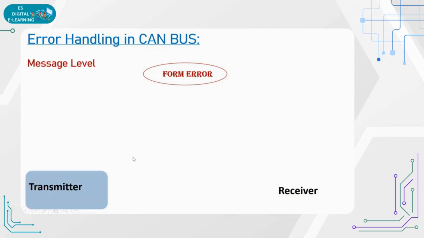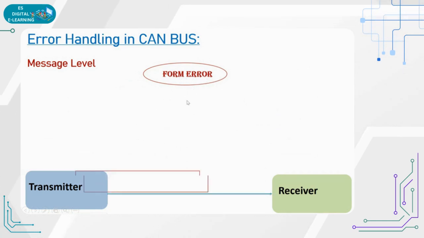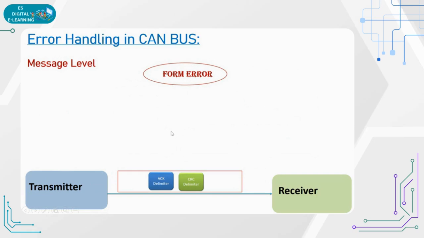Message level: form error. When will this error occur? You know the frame format, right? In the frame format, the acknowledgement delimiter, CRC delimiter, and end of frame are always ones, 7 ones.